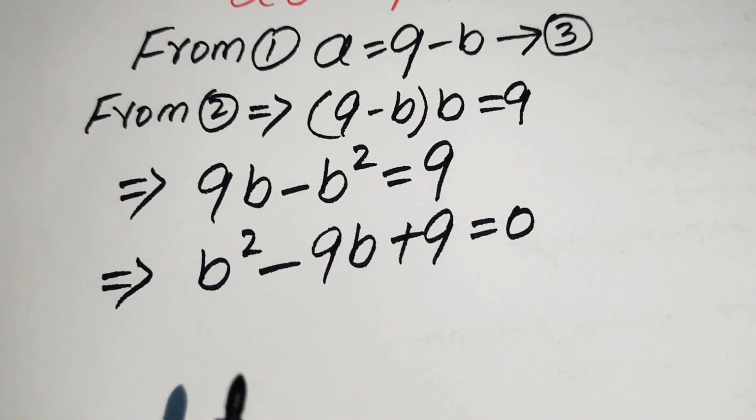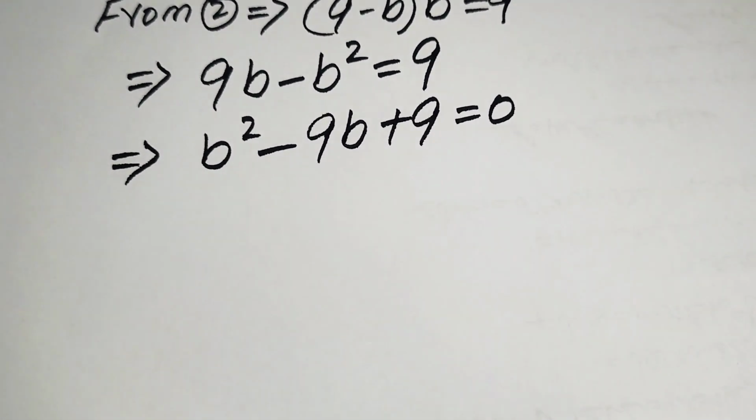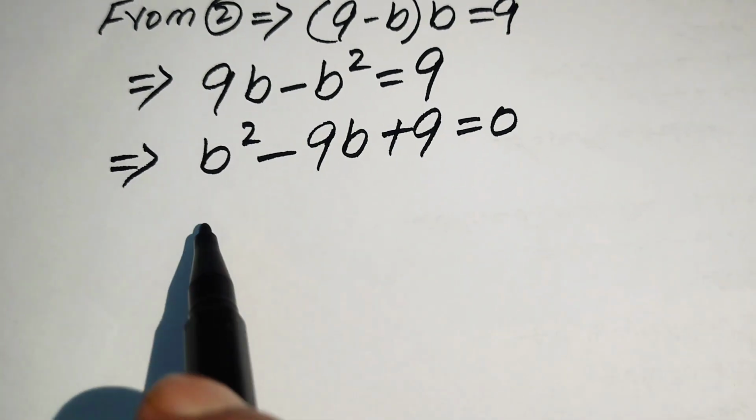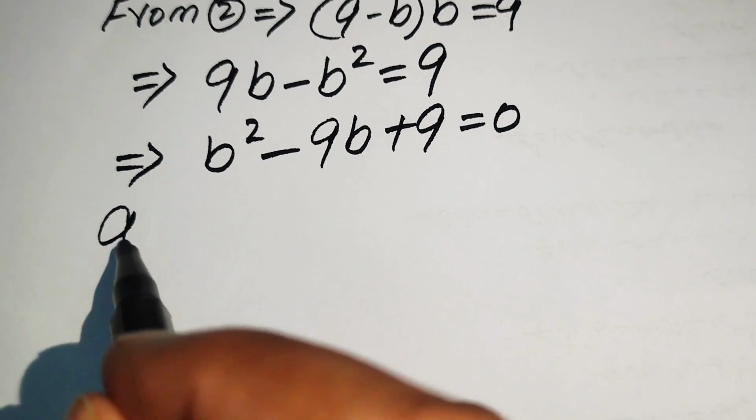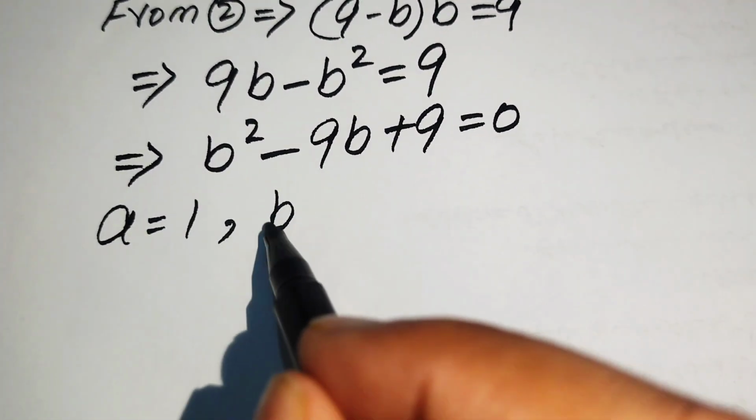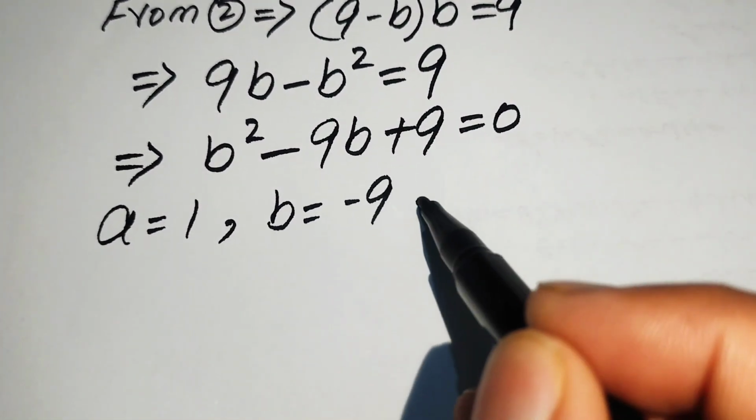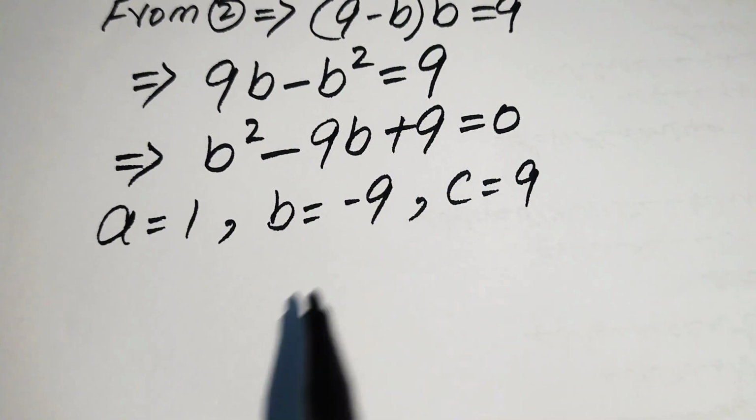Here we use the quadratic formula to solve this quadratic equation. First we write the coefficients: a equals 1, b equals minus 9, and c equals plus 9.